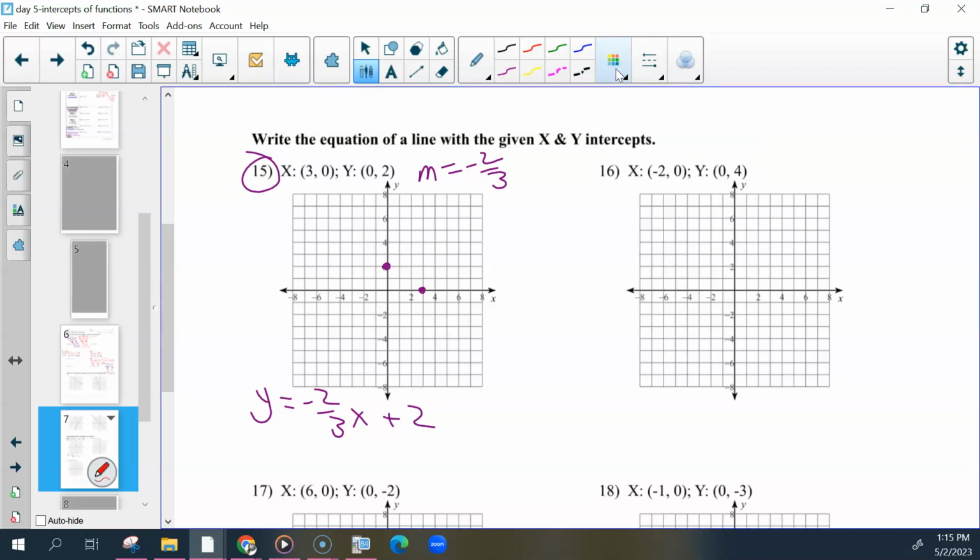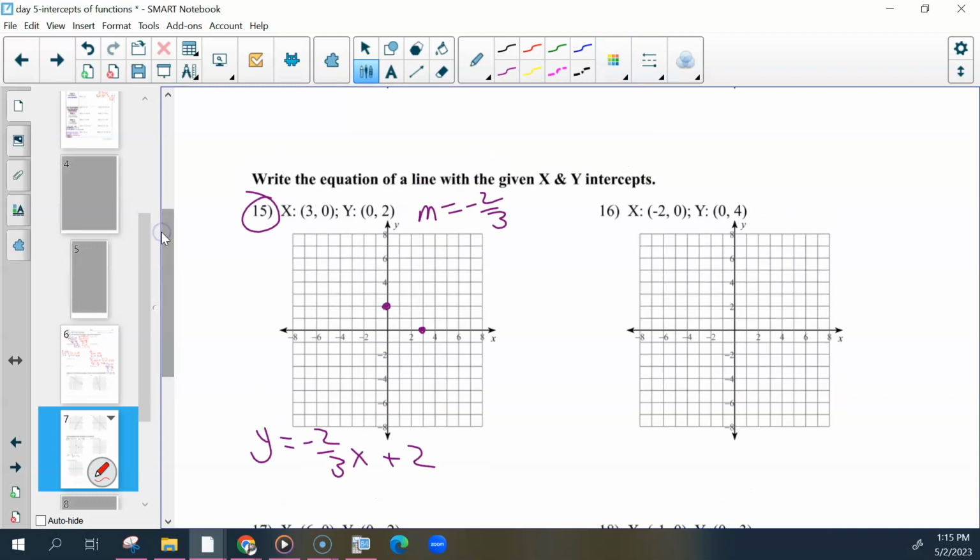If you wanted to do it algebraically, which you probably won't choose as often, but just in case, to find your slope, you could use your slope formula: y2 minus y1 all over x2 minus x1. Label your points if you need to: x1, y1, x2, y2.